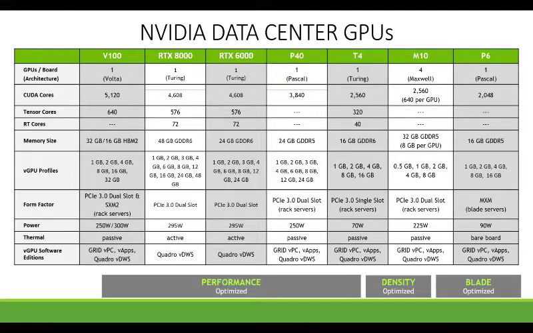So you can put multiple of these cards into a server. So the big three servers, for example, the DL380, the R740, or the Cisco C240 M5, they support a large number of these T4s. I think up to 6, sometimes even 7 of those. So think about it this way. Instead of buying a very big GPU like the V100, like the RTX cards, like the P40, why don't you choose 2 T4s, right?